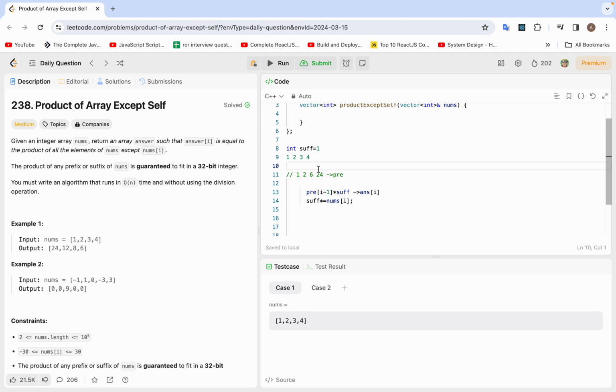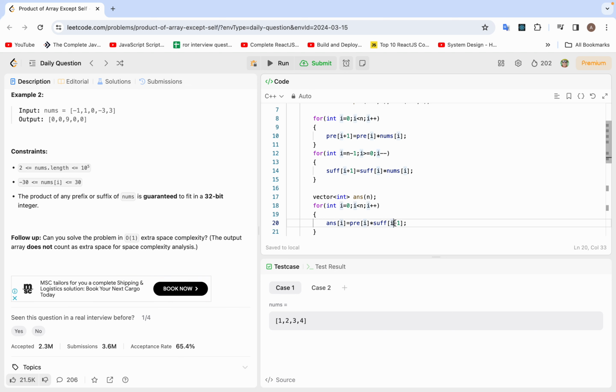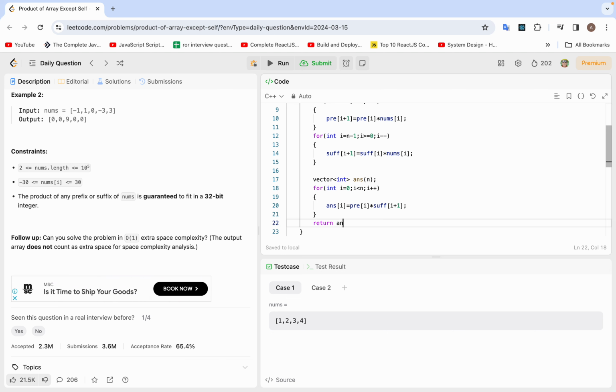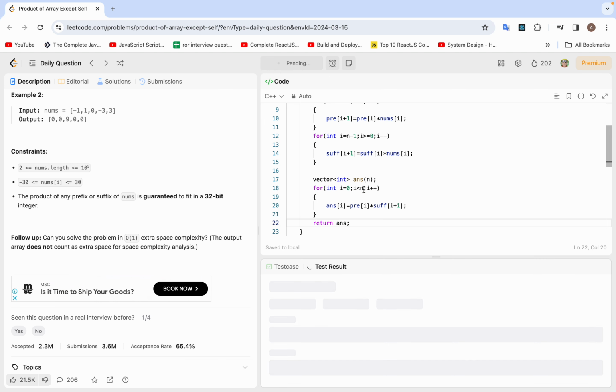Its previous elements, because I am storing starting from I plus 1, so prefix of I will be its previous, and suffix of I plus 1 is its next value, right? Because I am storing the previous value at the start. So let's return this answer. Let's see whether we can pass this.